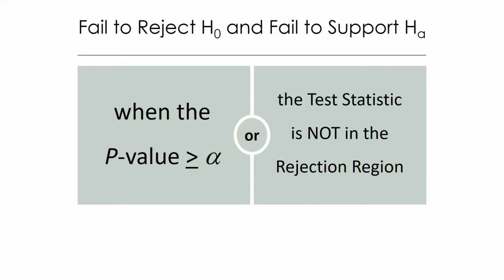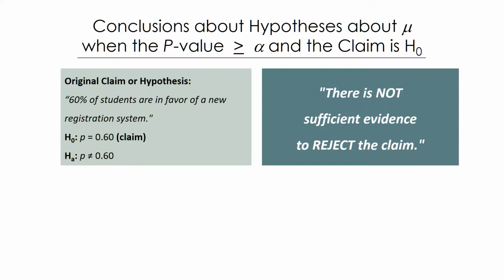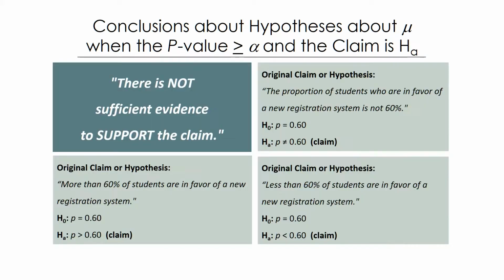The other case is when the p-value is not less than alpha. It's not small. Your test statistic is not in the rejection region. It wouldn't be in the tail, either the right tail or the left tail or the two tails. It's closer to the middle of the distribution. That's when you have a larger p-value. In that case, we say that there's not sufficient evidence either to reject the claim if the claim is H0, or to support the claim if the claim is HA.